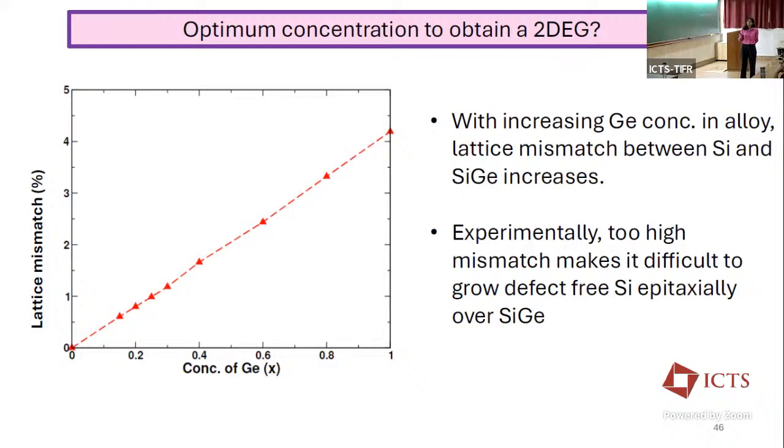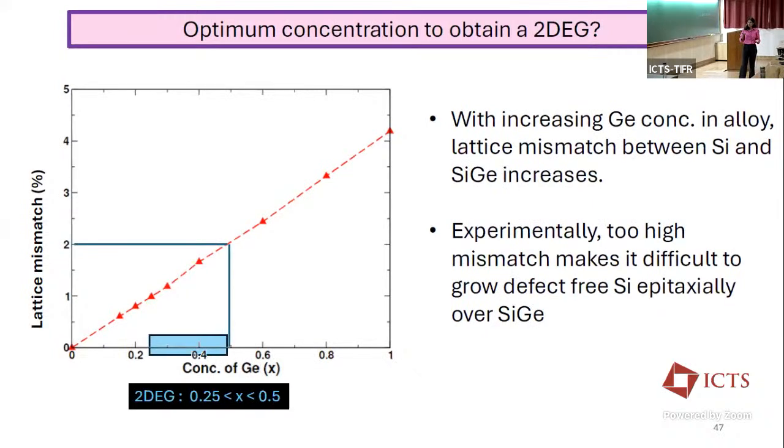Experimentally, to obtain disorder-free growth of one material on the other, you cannot have a lattice mismatch greater than a certain value. So if I cap it to about 2% lattice mismatch between silicon and silicon germanium alloy, then I get this range of concentration which is possible. So for greater than 0.25, I was getting a type 2 band alignment, and I cap it at 0.5 concentration.